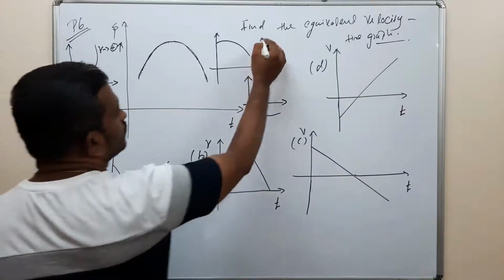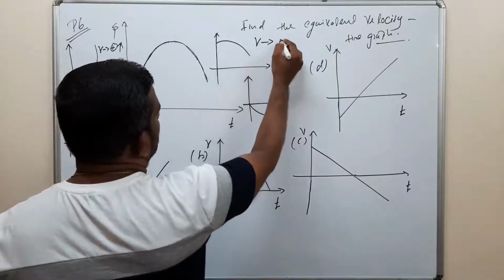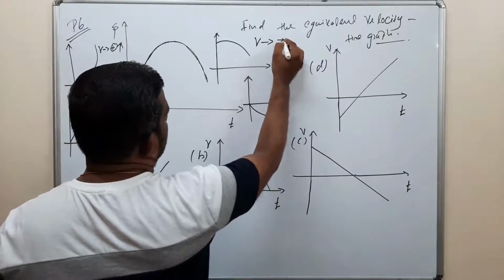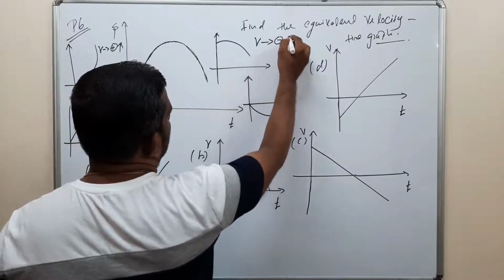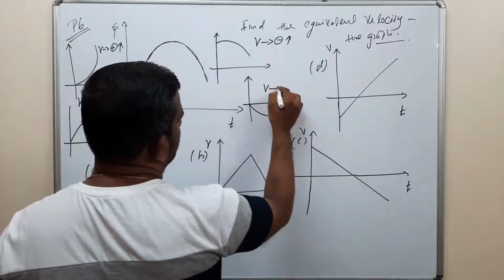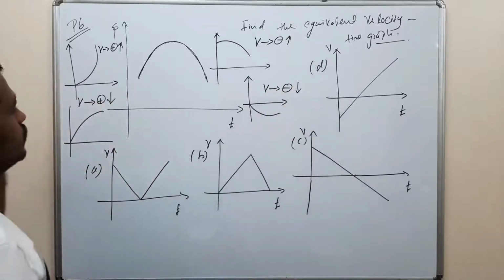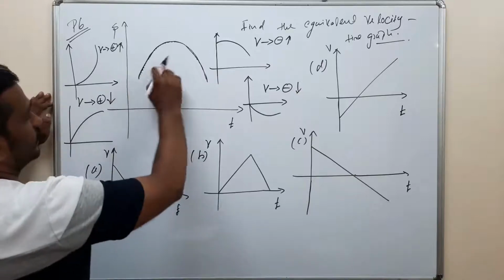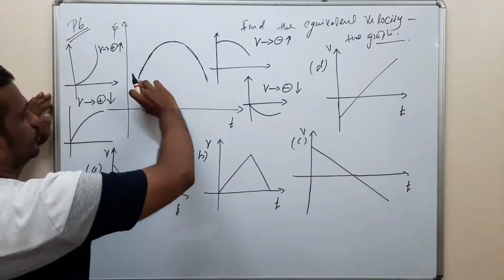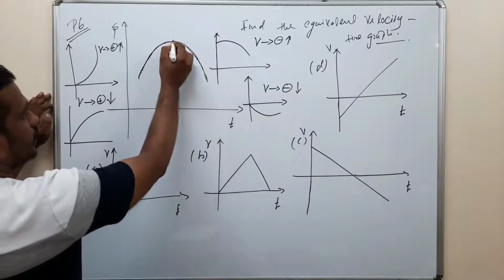And this graph is velocity negative increasing, velocity negative decreasing. So we can divide our displacement time graph into 2 sections.